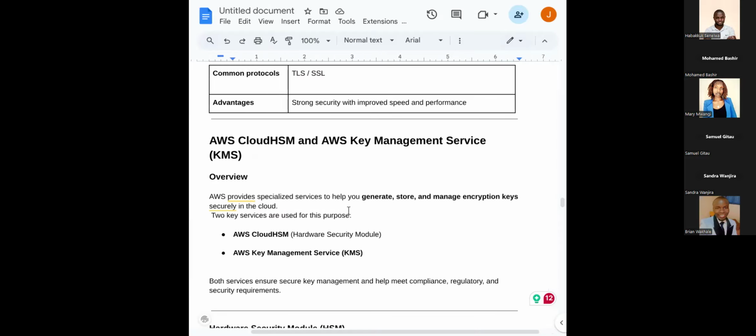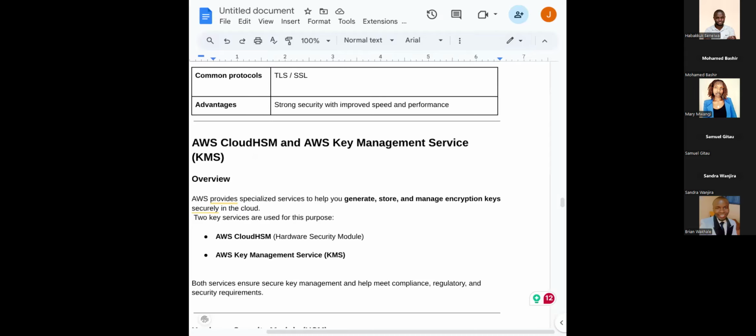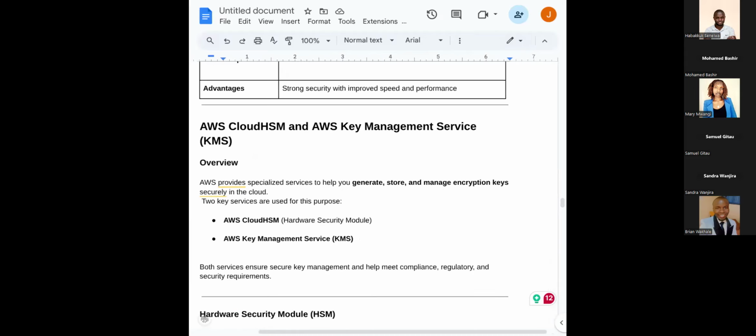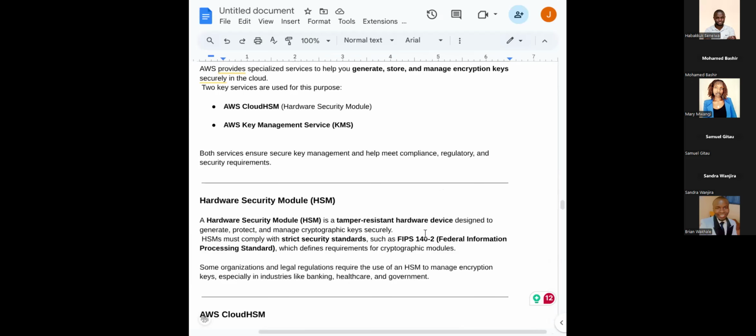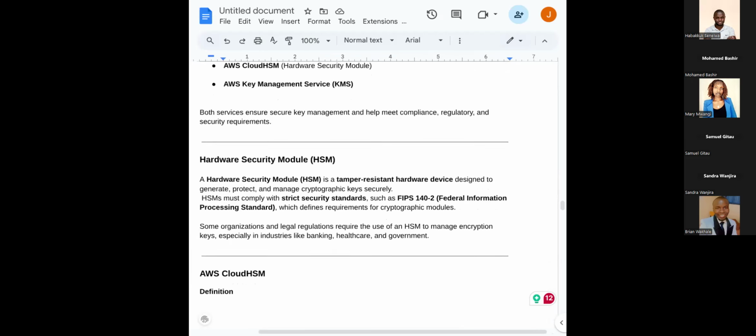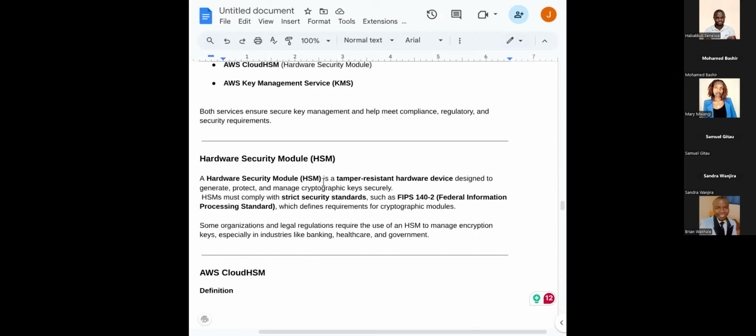So AWS provides services to help you generate, store, and manage encryption keys. Right? We have the HSM, which I told you is a hardware security module, and we have KMS. An HSM, a hardware security module, is a tamper-resistant hardware device that you use to generate, protect, and manage cryptographic keys securely.